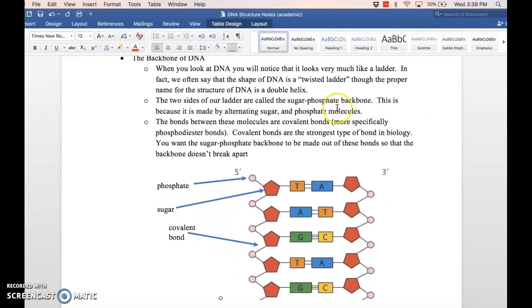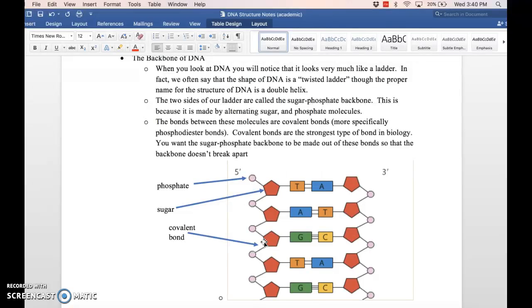So our backbone here, the sides of the ladder, is made up of what's called a sugar phosphate backbone. The sugar phosphate backbone is called that because, one, it is entirely composed of the sugar molecules and the phosphate molecules. And it's called a backbone because between each and every one of those sugars and phosphates, you have a covalent bond.